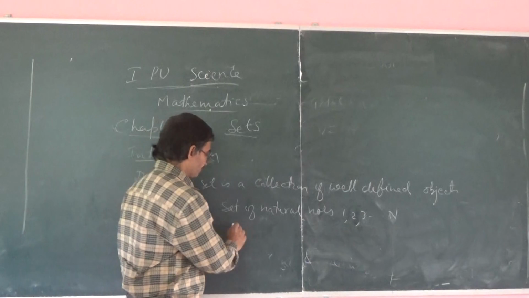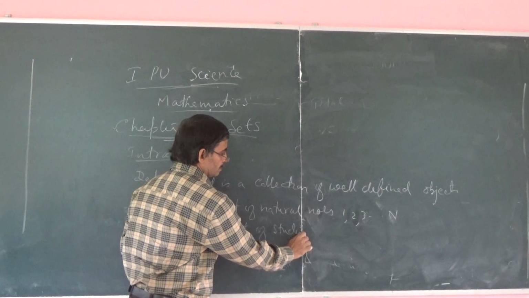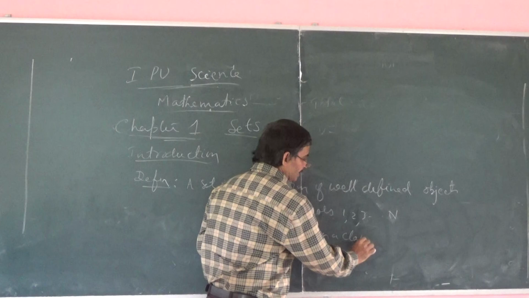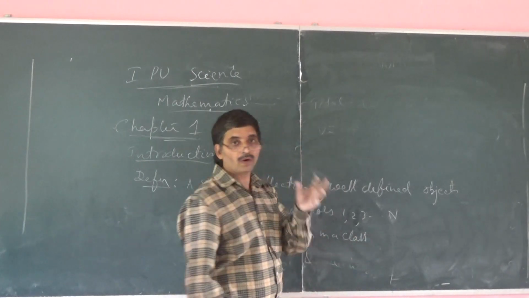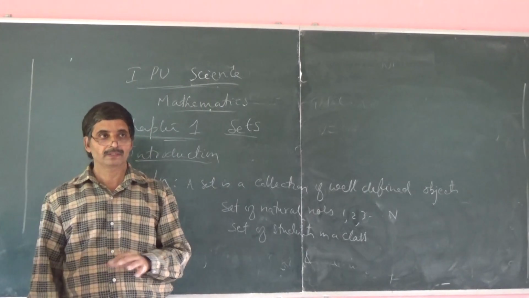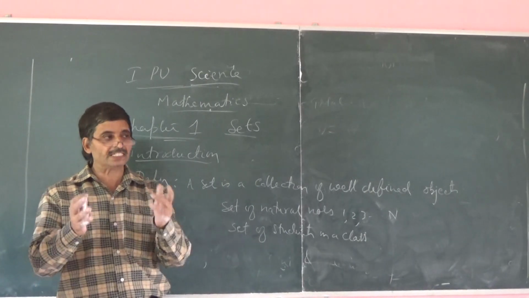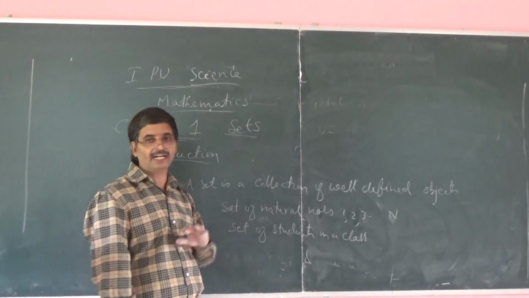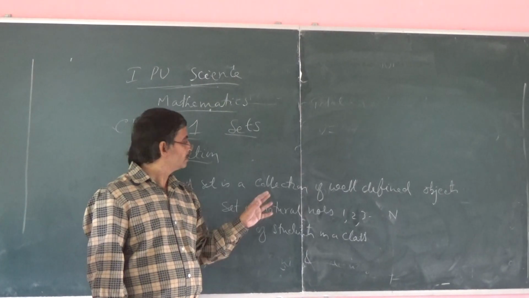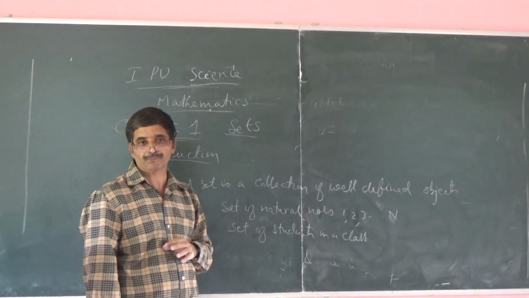Set of students in a college, in a class. Why is it well defined? We know who they are and how many are there. You can specifically say this many students are here. Well defined is very important here. I will explain with an example.